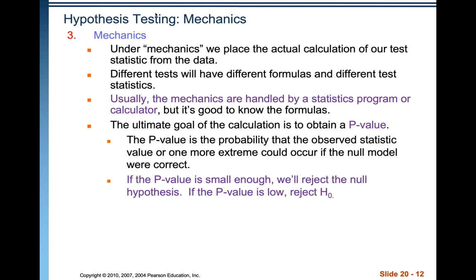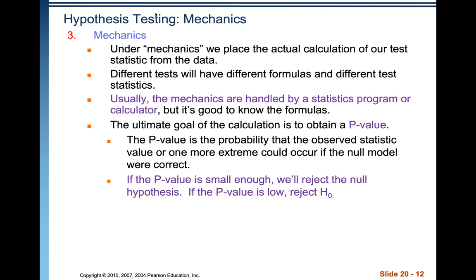The ultimate goal of the calculation is to obtain a p-value. Now, this p-value is different than our population parameter p or the hypothesized value in the null hypothesis, p naught. This is totally separate.